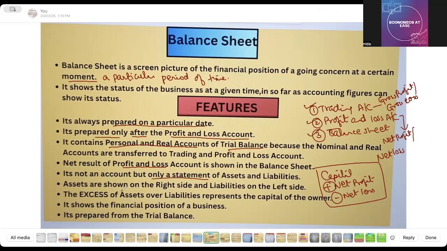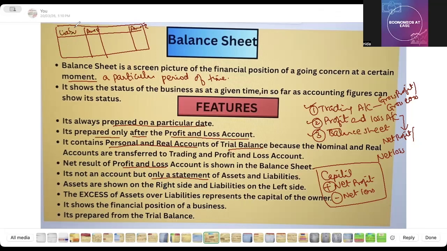Assets are shown on the right side. Now this is a kind of balance sheet. For example, this is your page. We're going to make the columns like this. I will show you the format too. Amount in rupees here, and amount in rupees here.